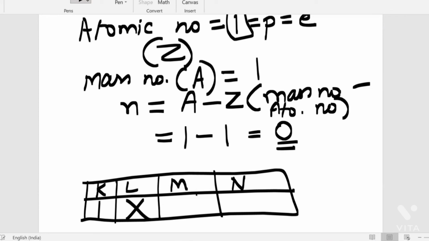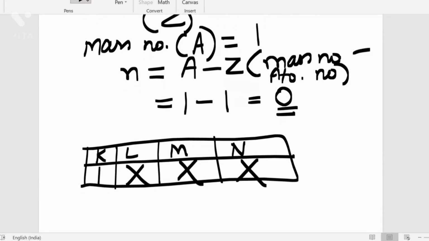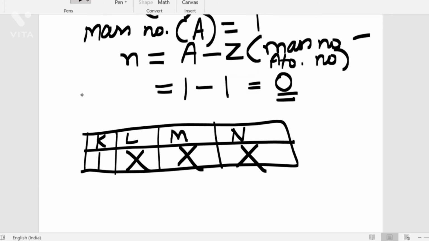The remaining shells are not required. When drawing, you need to draw only one shell to distribute this 1 electron. The number of electrons filling in a shell is determined by the proton number or number of electrons, that is the atomic number.